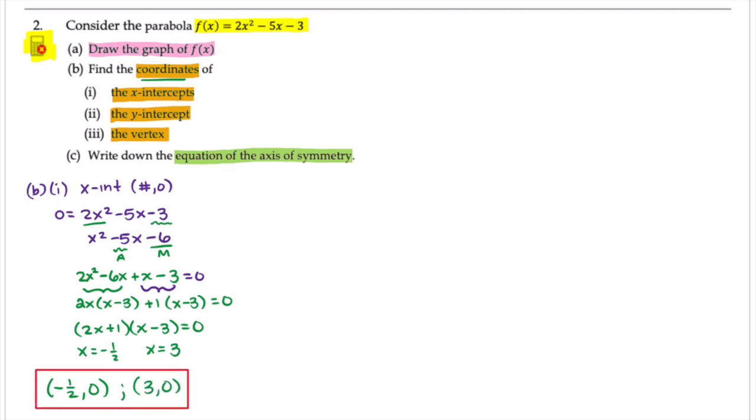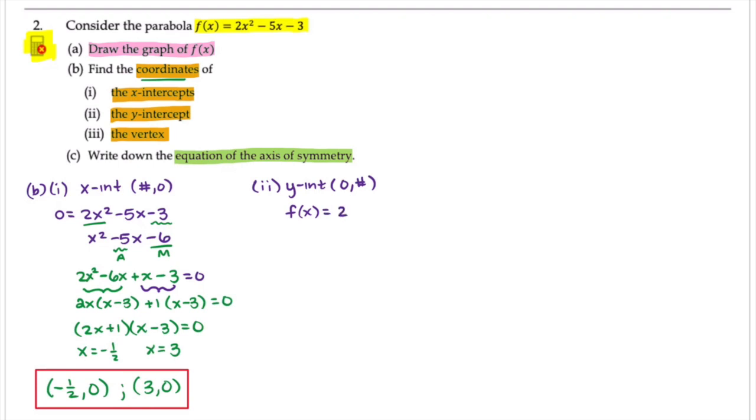For part B double I, we are going to pretty much do the same thing, but this time looking for the y-intercept. The y-intercept is always a point on the y-axis, which means that the x value is always 0. So in this case, I'm solving for y, or f(x).